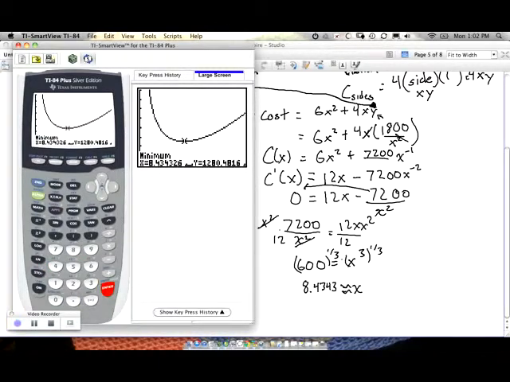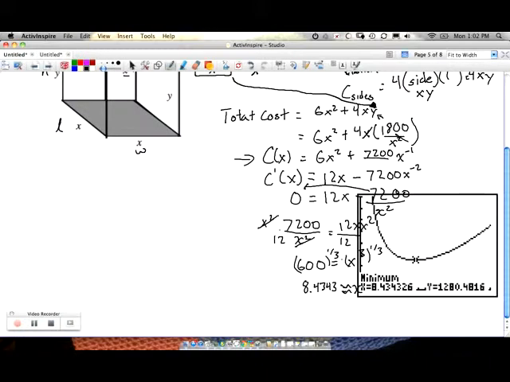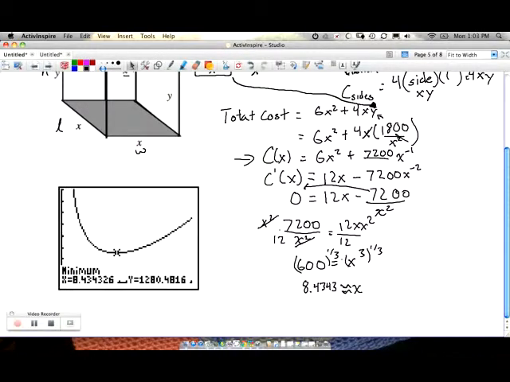So I'm going to drag this over. Minimize that there for a second. Let's take a look at this picture. So that minimum value there, right here, x equals 8.4343, but more importantly, c of x, or the cost, is equal to 1280.48.